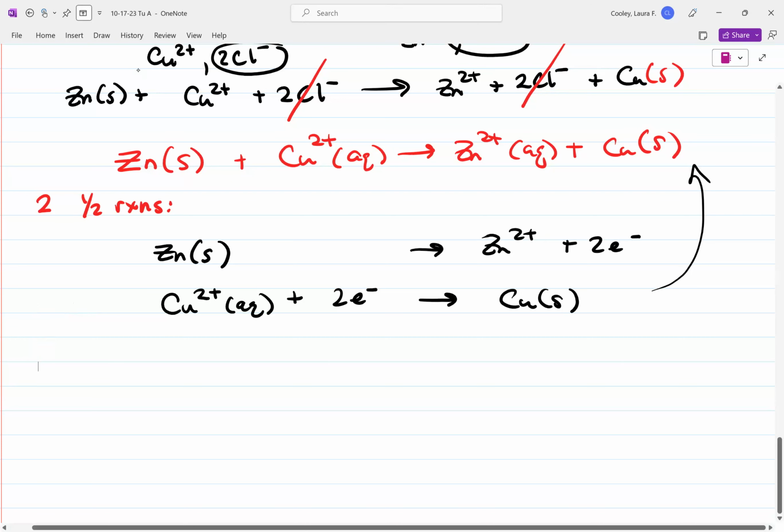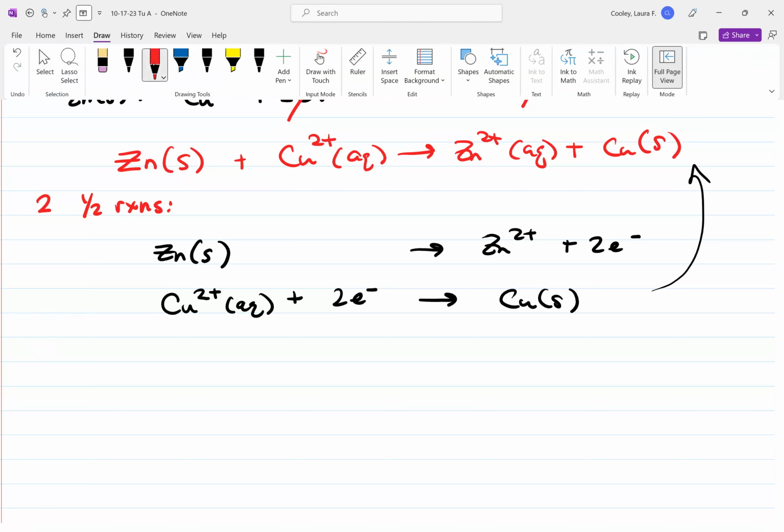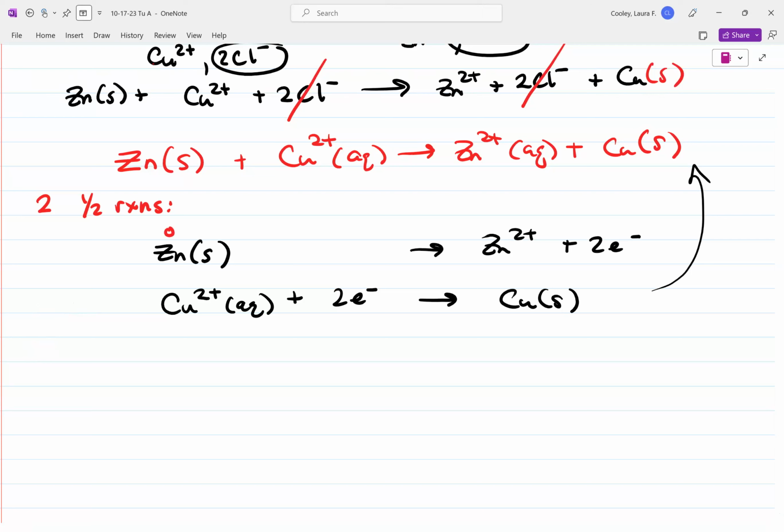For now, we have these two half reactions. And what I can do is write what we call the oxidation numbers on top. Zinc is neutral, has no charge. Here it's +2. So zinc is oxidized to zinc 2 plus ions.